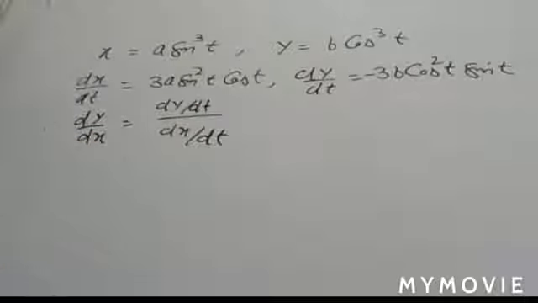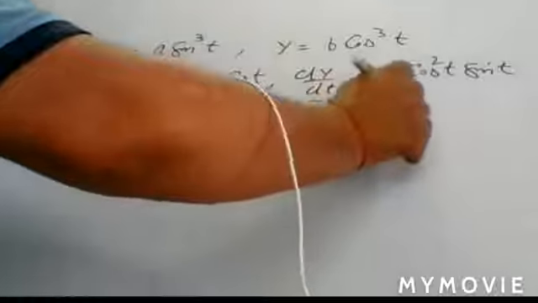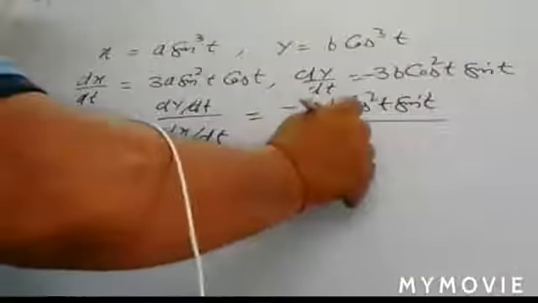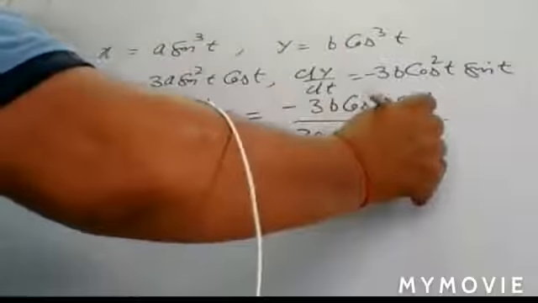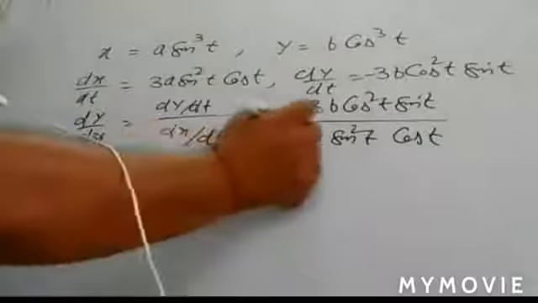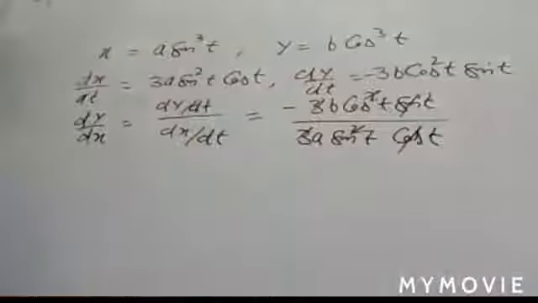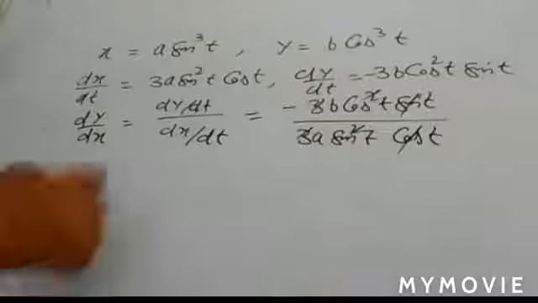Now putting in the values, you have minus 3b cos square t sin t upon 3a sin square t cos t. Understand? Here 3 and 3 cancel out, one power of sin cancels, and one power of cos cancels out. So what is left?